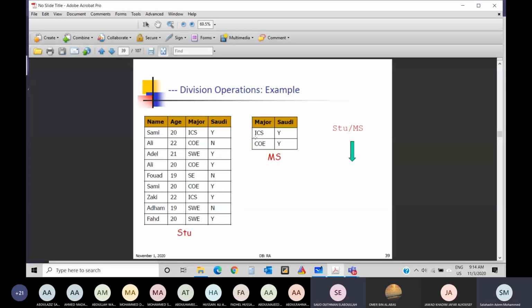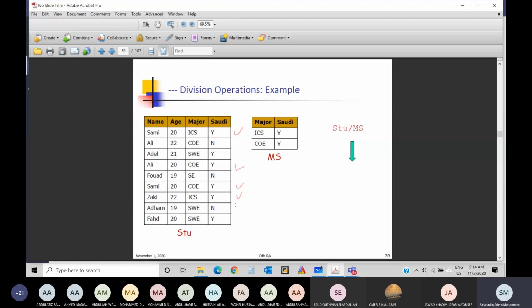Okay, so this guy, ICS, Sami 20 satisfies the condition for the first one, and for ICS Y, and Zaki, Zaki. Now let's look for COE Y. We have Sami and Ali. Ali only. Sami.